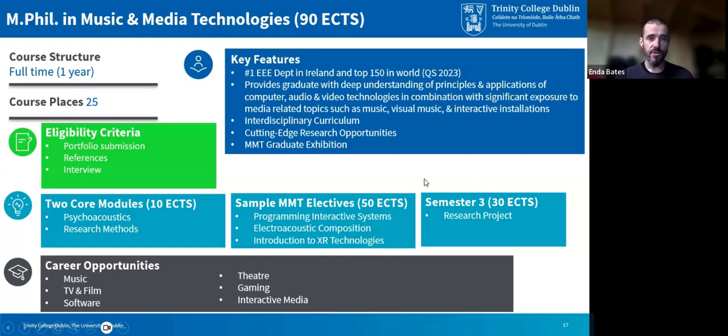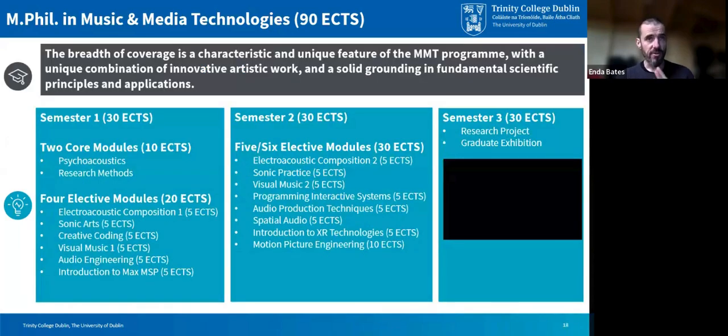And beyond that, students can select from a very broad range of different electives, which I'll go through more in the next slide. Those are arranged across 2 semesters, as we can see here. In semester 1, there are those 2 core modules, which are 5 ECTS credits each. And then in addition, students can select from 4 different elective modules from the list you can see here.